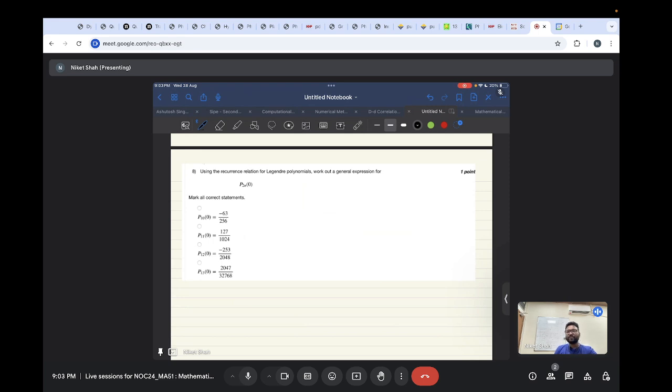Okay, so what we have to work out is P2n of 0. The recurrence relation for Legendre polynomials is P of n plus 1 of x is equal to x alpha n Pn of x plus gamma n P of n minus 1 of x. So this is a three-term recurrence relation for Pn's.